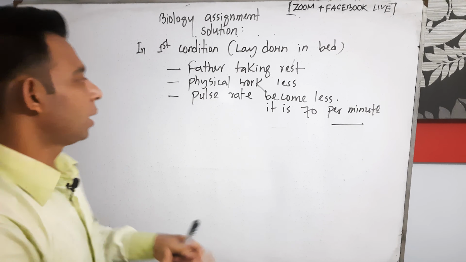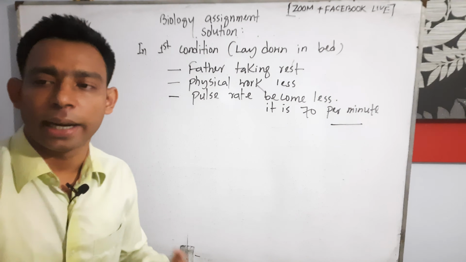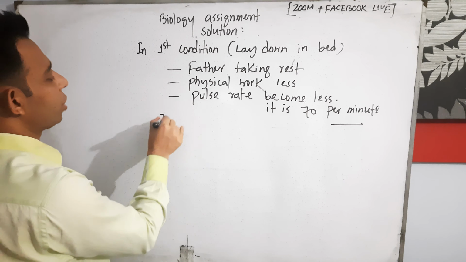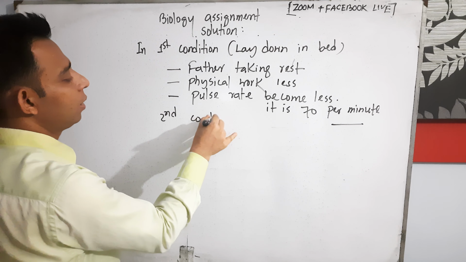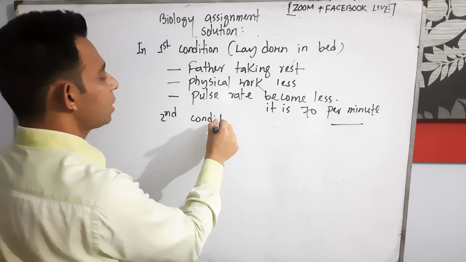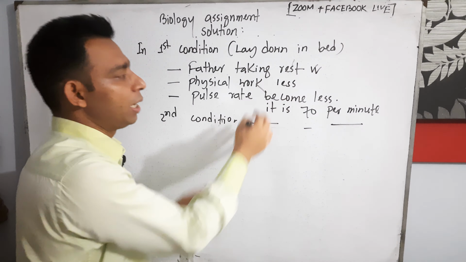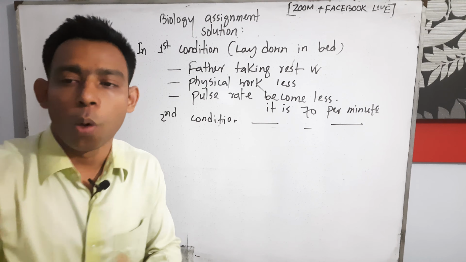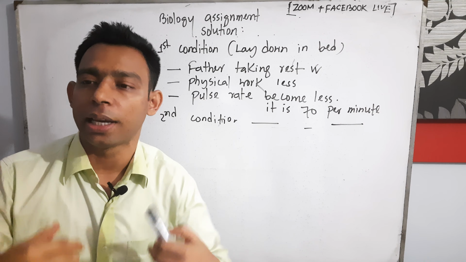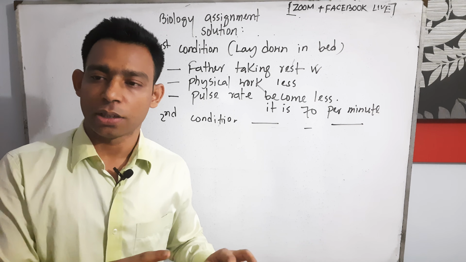Now in the second condition, you can write accordingly. Same thing, sitting position. Father now is in sitting position. Physical movement, not work. Now physical movement is there in case of the sitting position.